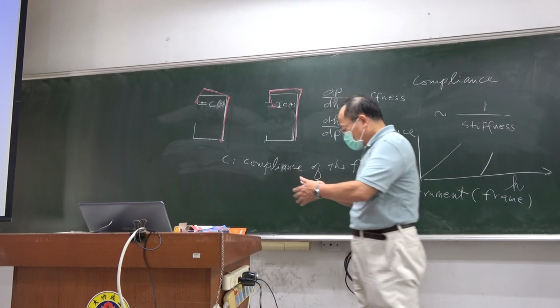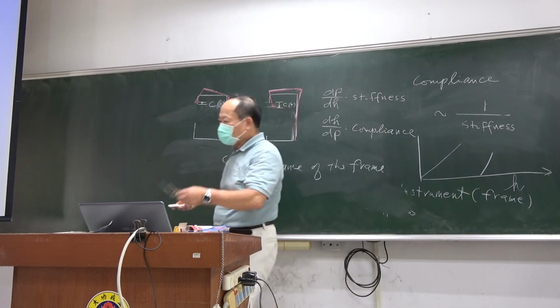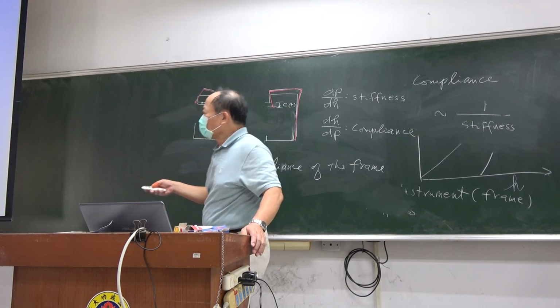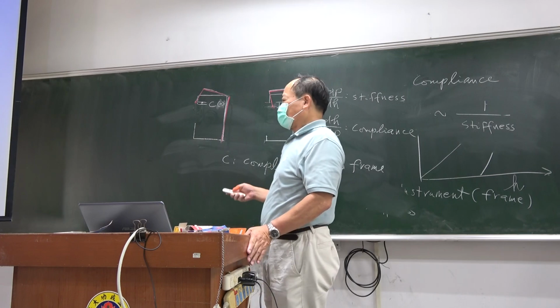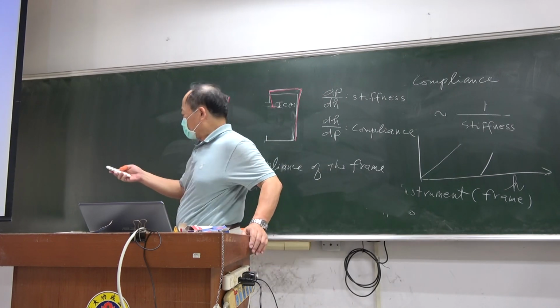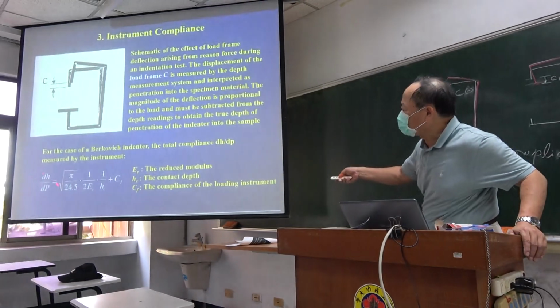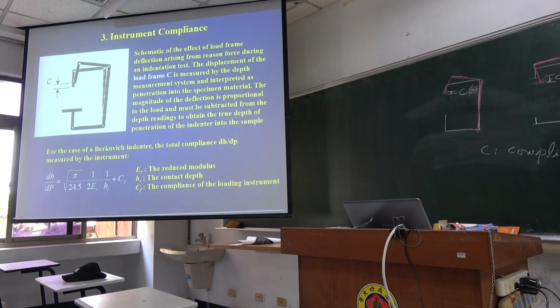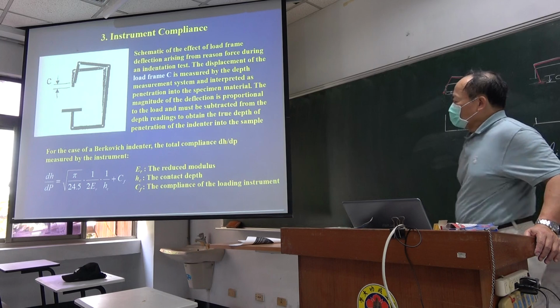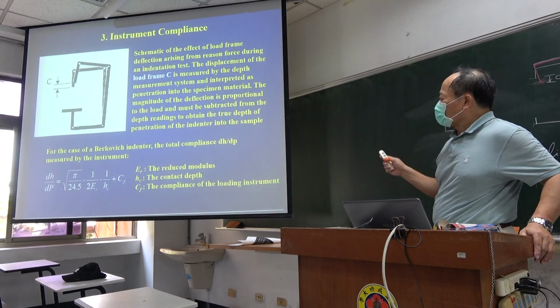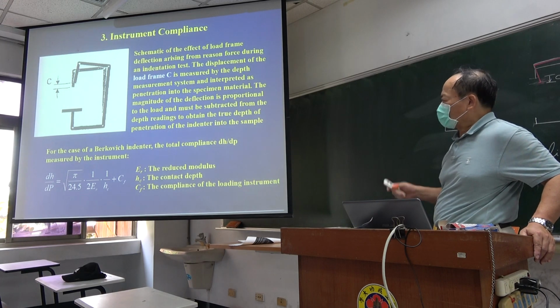All right. So in this case, when we do the indentation test, we obtain the P and the H curve. From the P and the H curve, we obtain the dH/dP. So dH/dP is obtained from your experiment data. Okay, so dH/dP is a variable. Then this dH/dP actually includes two terms, 包括两个项.